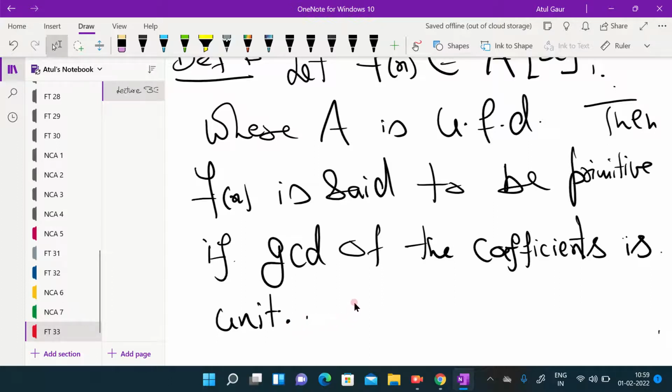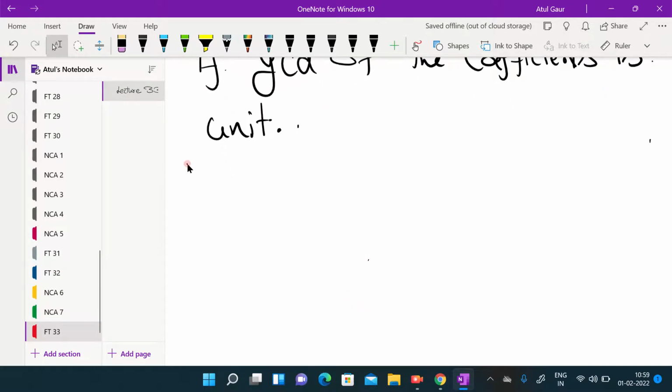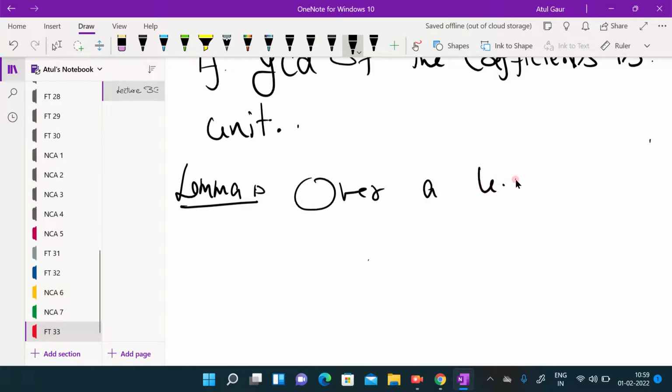ठीक है. So the first thing, though you may be aware of this from your UG classes: over a UFD, unique factorization domain, the product of two primitive polynomials is primitive.